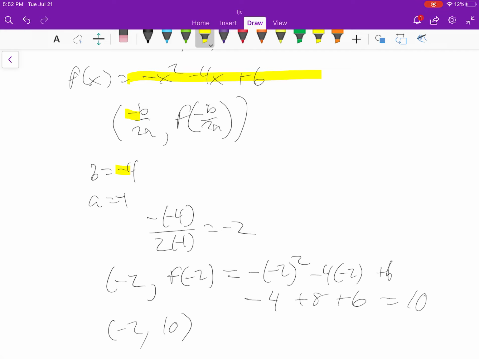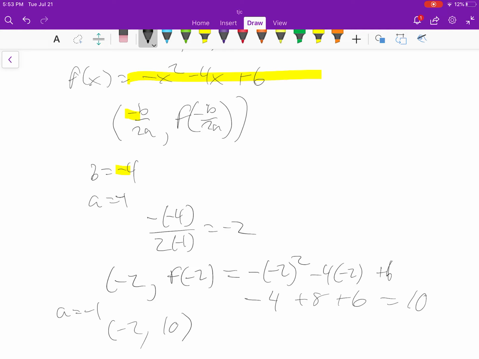We still know that it's concave down because of the -1 in front of the x squared. So we still know our a equals -1, and we know what our vertex is. Okay? So we know it's concave down, and then we would just go about the same steps.